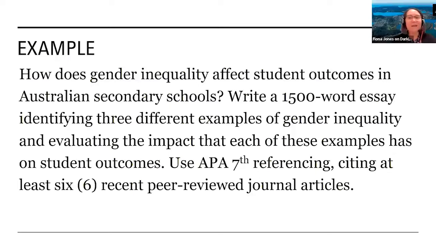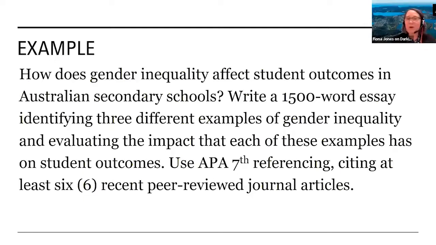And this is where it's interesting that sometimes the content words and the scope words have a little bit of overlap. So we can't write everything about gender inequality and how it affects student outcomes in 1,500 words. So our instructions have put some boundaries on that by saying they want you to focus on Australian secondary schools.